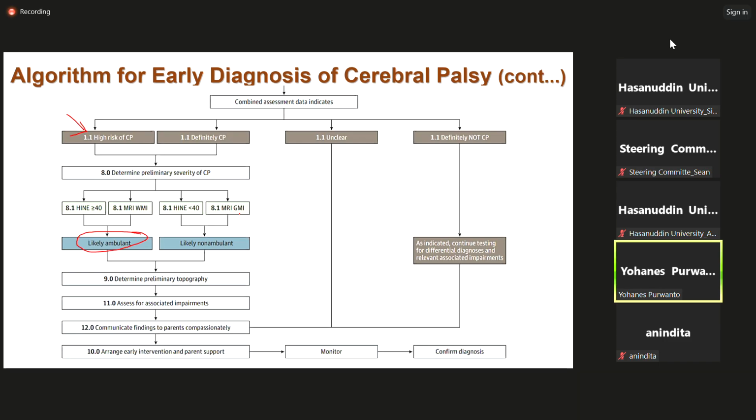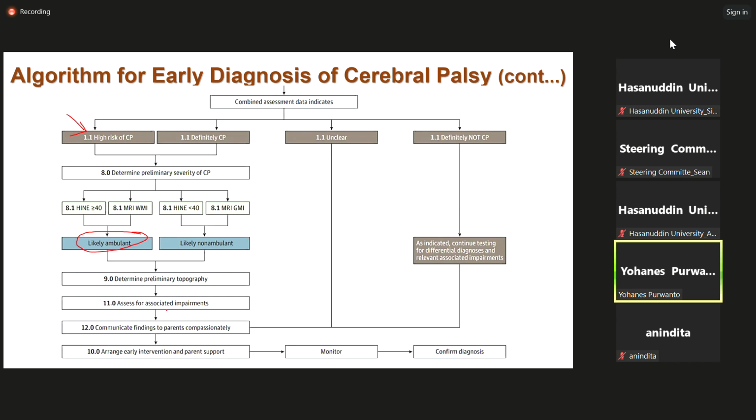It means a lesion in the cortex is more severe than in the subcortex. And also from the HINE score, if it is more than 40, it's more likely ambulant compared to lower than 40. And then we need to determine preliminary topography like spastic diplegia, spastic quadriplegia, or hemiplegia, unilateral or bilateral spastic.